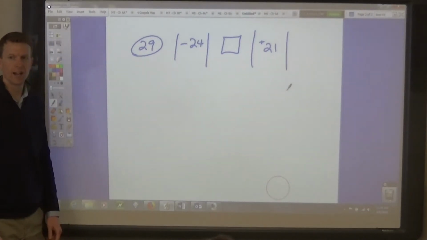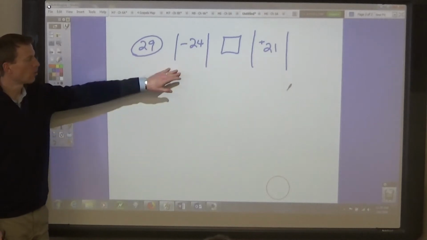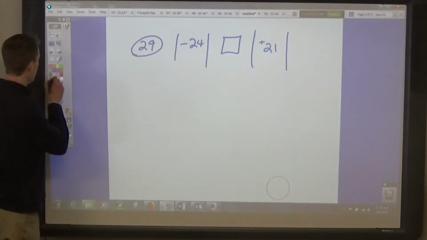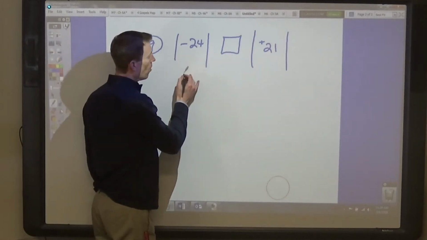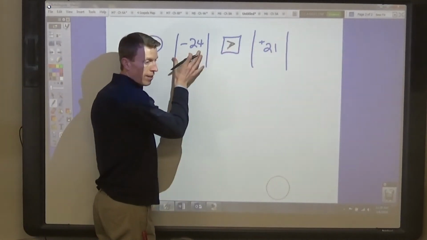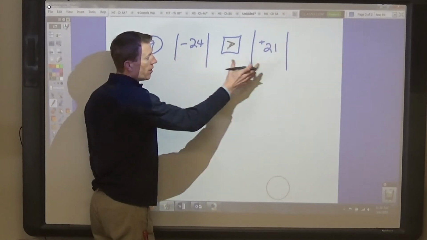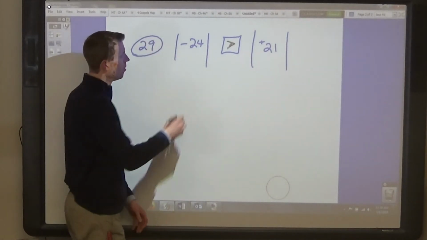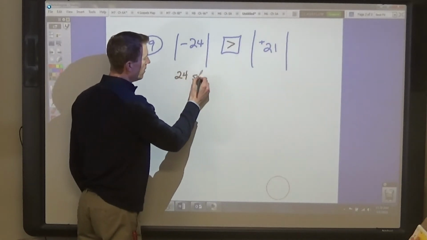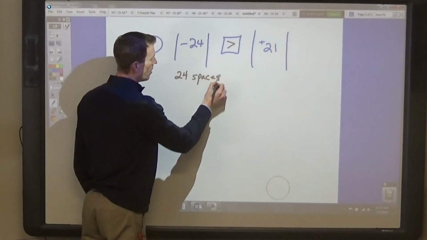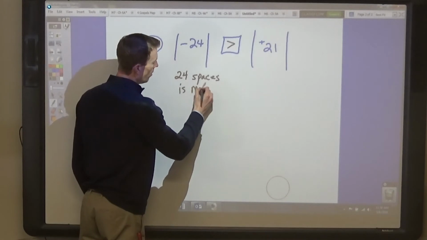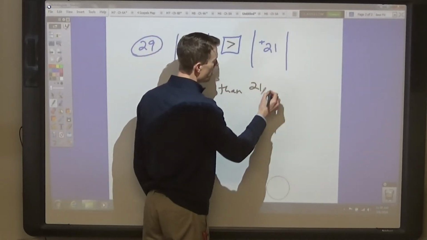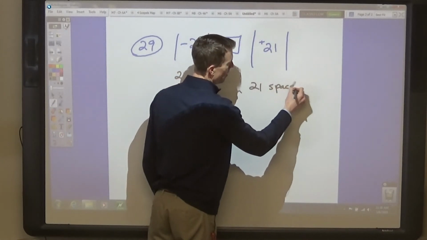So which one is greater? Negative 24, exactly, is greater. The absolute value of negative 24 is greater than the absolute value of positive 21, because 24 spaces is more than 21 spaces. Does that make sense?